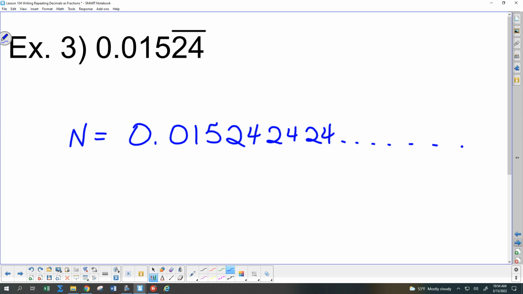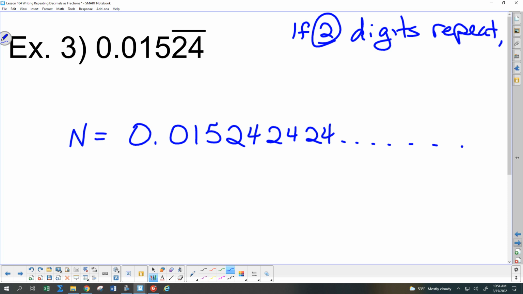2. So if 2 digits repeat, we are going to use 10 to the 2nd power times n. So now I'm going to fill in this space that I skipped. 10 squared is 100, since I had 2 places that repeated, 1 with 2 zeros, 100n.